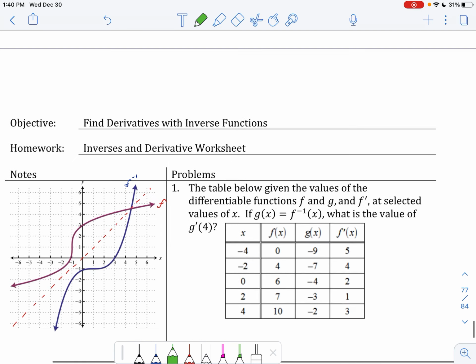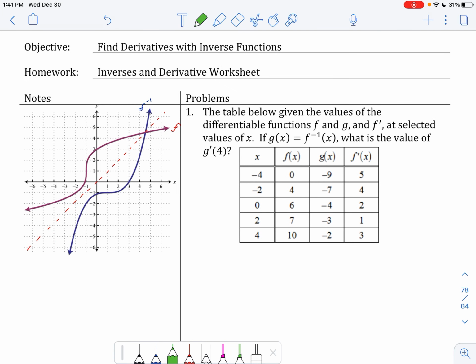What's also really important here is that if I take any point on the graph, it would just be an x, y on the original function. The x and y values flip in the second graph. The last important thing about derivatives is that if this is the slope here, the slope of the line at the reflected point is the reciprocal.